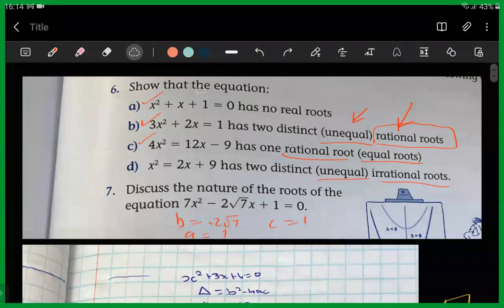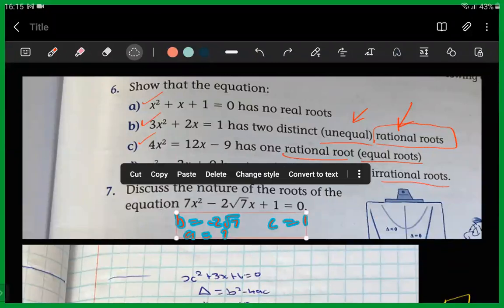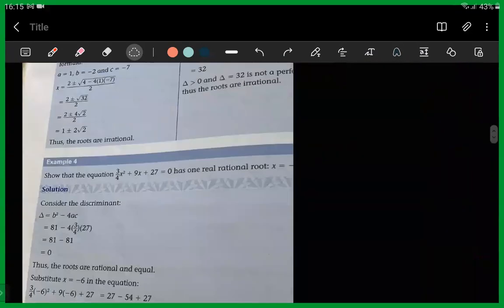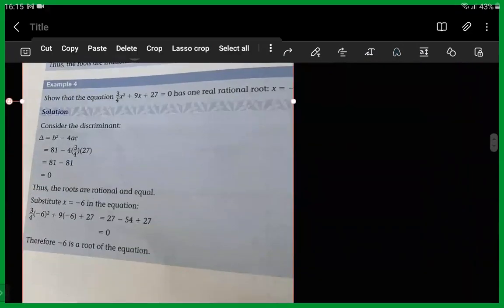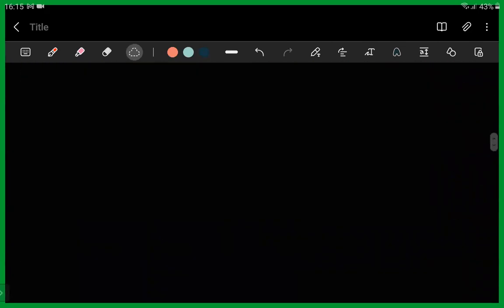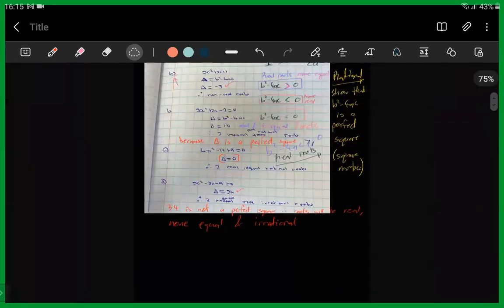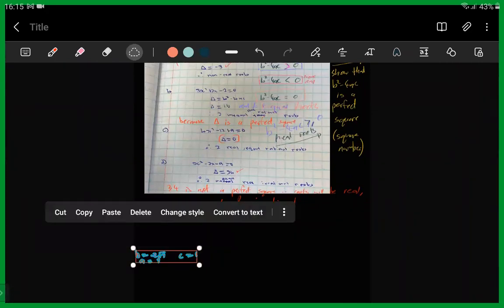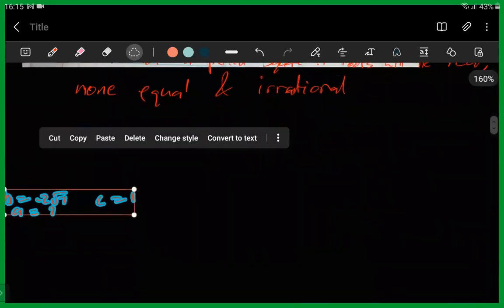I just want to copy this so that we can work with it at the bottom. As long as we have these numbers, we'll be good to go. Let's carry on and see what we end up with. Make this bigger.